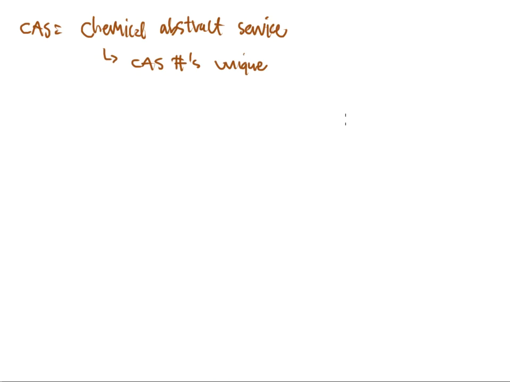So, what does that mean? Let's say I've got a chemical. Here it is. I'm not going to draw the structure, but let's say there's 5 different ways to draw the structure. That can cause a problem for someone if they are using a reference textbook and they're trying to figure out which structure should I use and try to find the information that matches that.